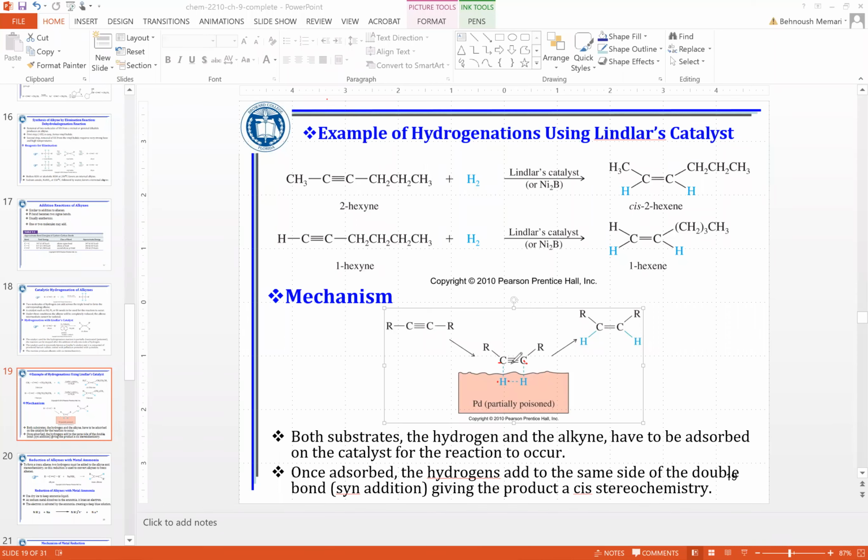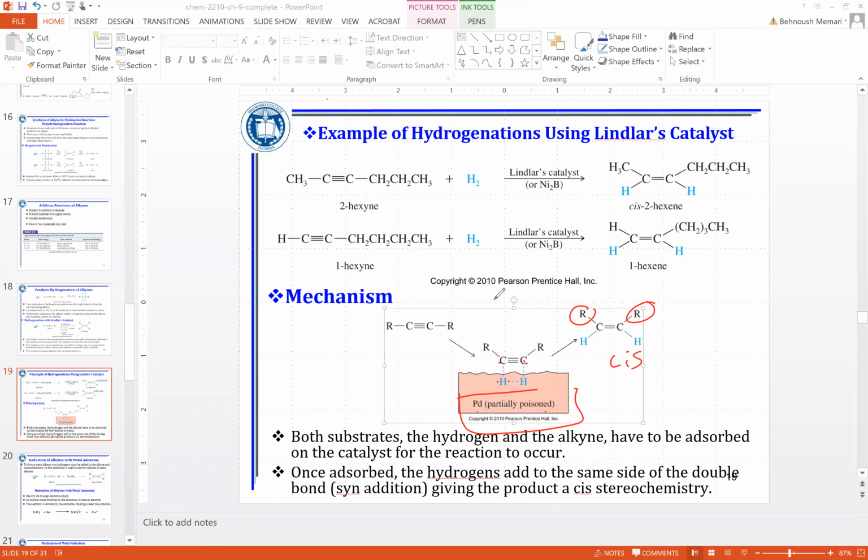So addition happens as a syn addition from the same side, and since the hydrogens add from the same side, the R groups are going to be on the same side, and the product is going to be cis, because you have a solid catalyst, and this is partially poisoned palladium.